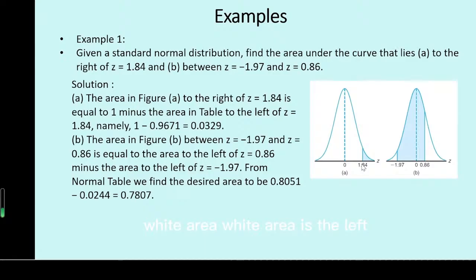The white area is the left part of z, and the area to the left of z equals 1.84 is about 0.9671 from the table.